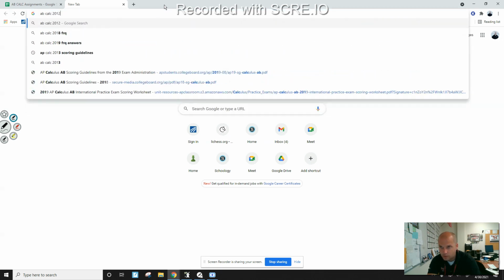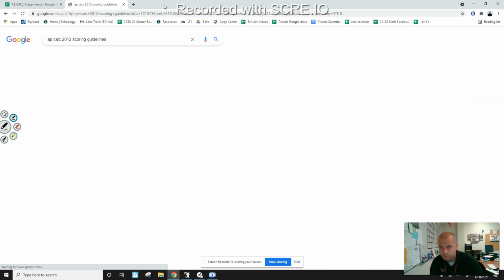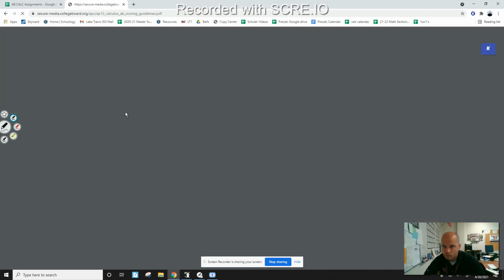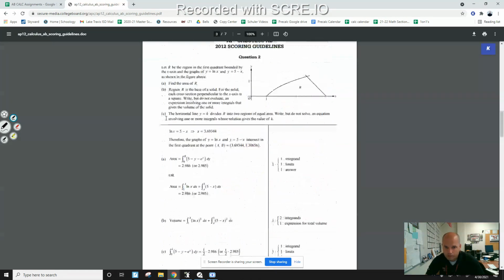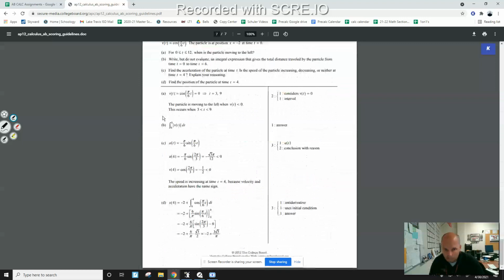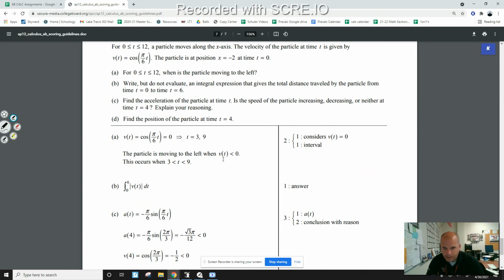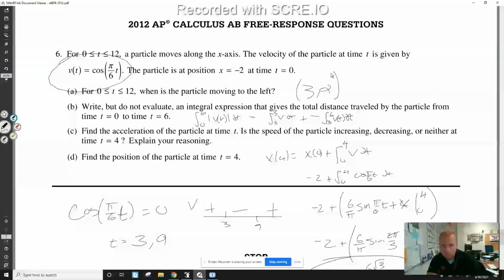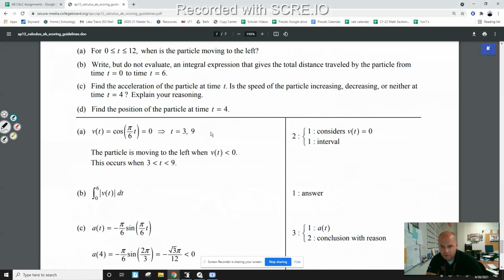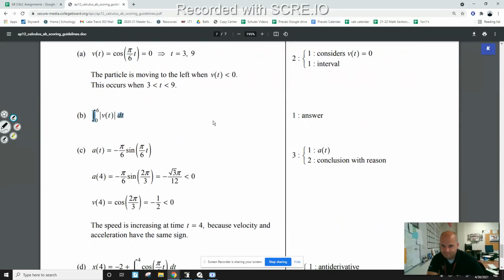AB Calc 2012 scoring guidelines. All right, 3 to 9, 2 points. Yeah, they just wanted that.